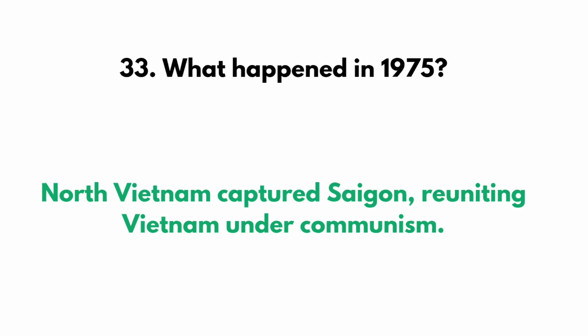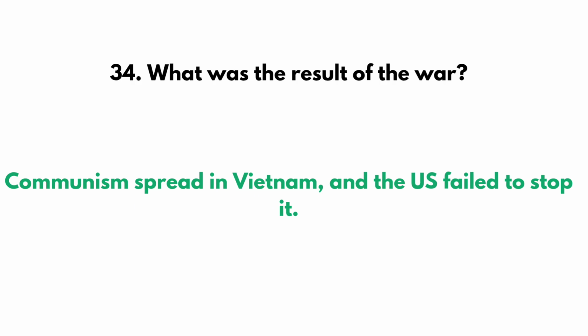Operation Rolling Thunder failed because it did not weaken North Vietnam's economy or the Viet Cong's will to fight. It had no effect on the flow of men and goods along the Ho Chi Minh Trail. Operation Rolling Thunder failed to spread capitalism in Vietnam.